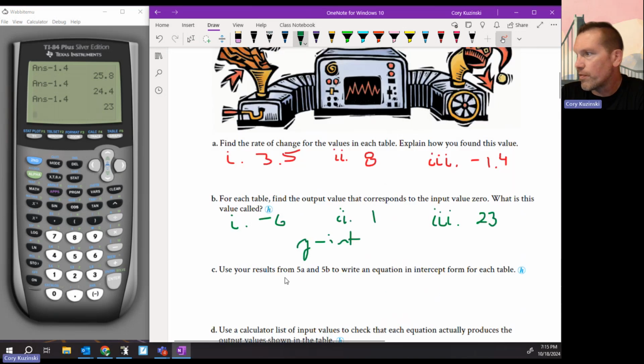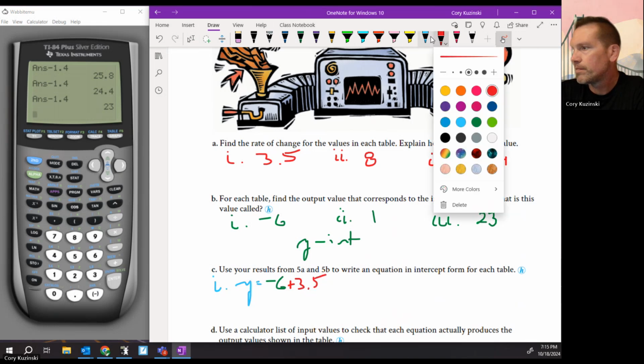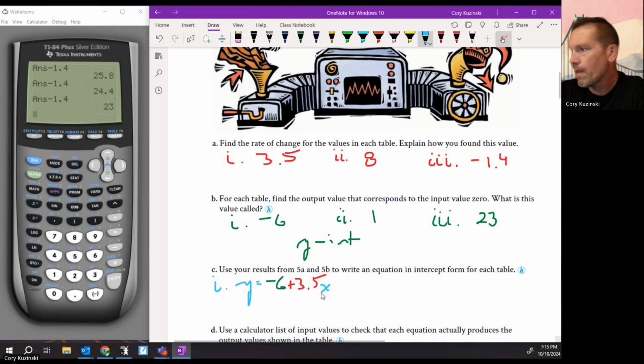Use your results from 5a and 5b to write equations for each one. All right, so 1, y equals negative 6 plus 3.5x. And 2, y equals 1 plus 8x.